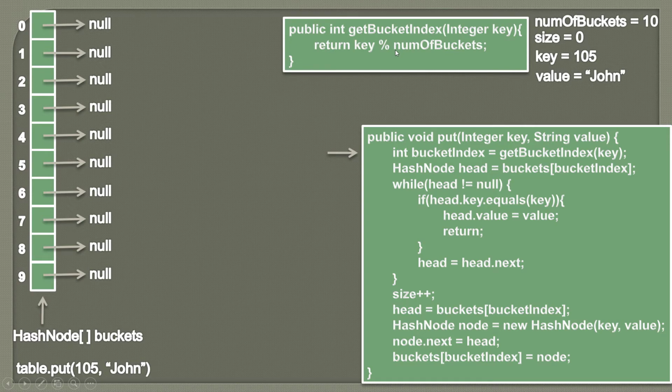Here we are using the modular hash function where we take the key, divide it by the number of buckets, and whatever is the remainder we return from this method, which is our bucket index. So when we pass 105 as key and divide 105 by 10, we get 5 as the remainder. So the bucket index is 5.